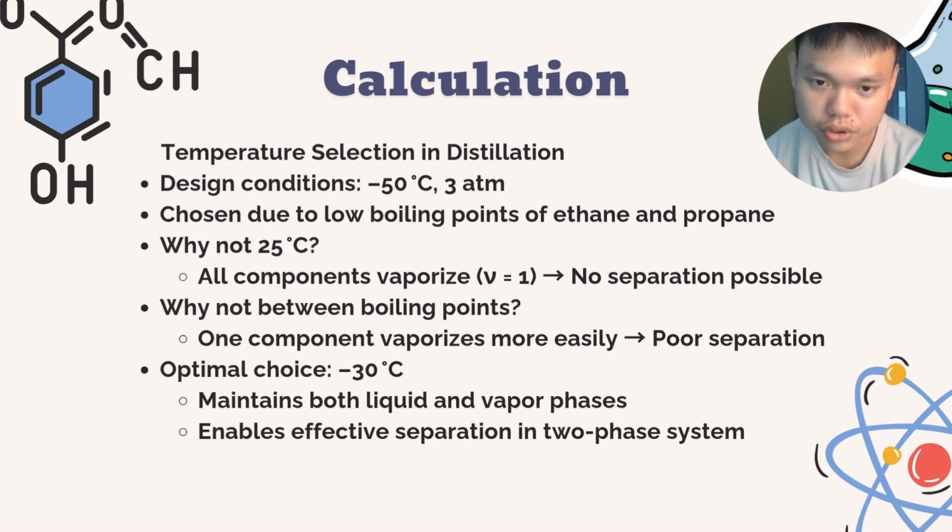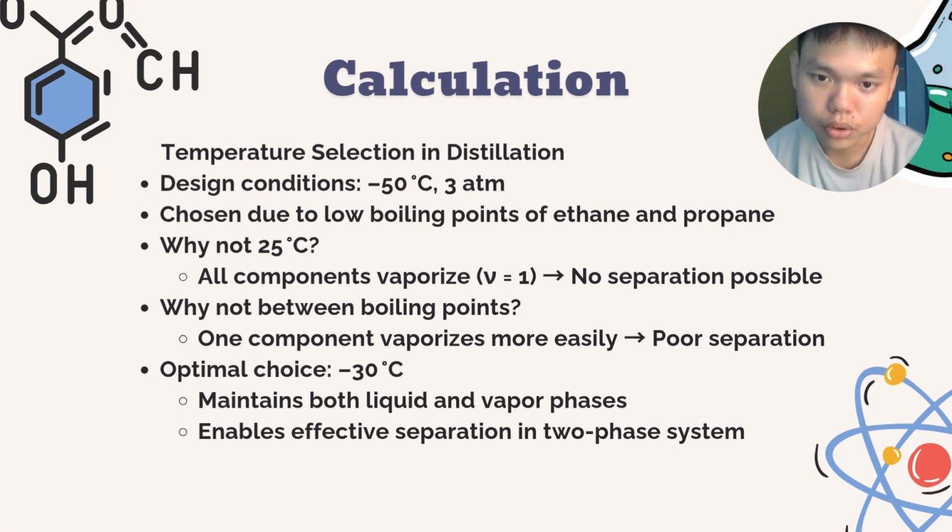So the flash distillation is actually a cryogenic flash distillation, which means this process occurs at a very low temperature. Since we want the flash to separate out liquid and vapor phases, we have to set our temperature at negative 50 degrees Celsius and 3 atm, because we want the pressure to be between the dew point and the bubble point.